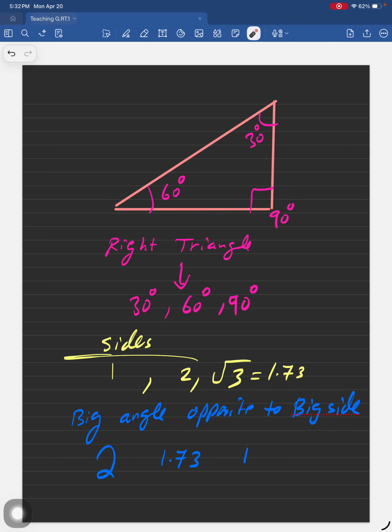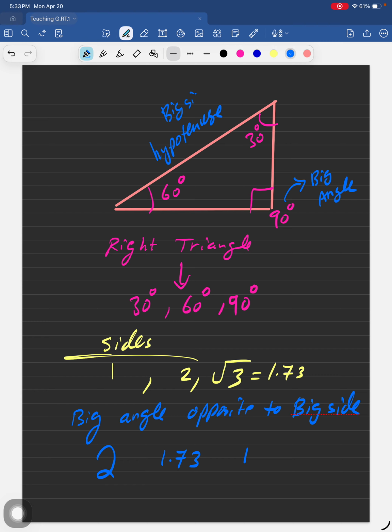So in this case, here is the angle and here is the opposite side. So this side is the biggest side. We call it before what? Of course, we call it hypotenuse. Hypotenuse. So now here is the big angle and here is the big side.